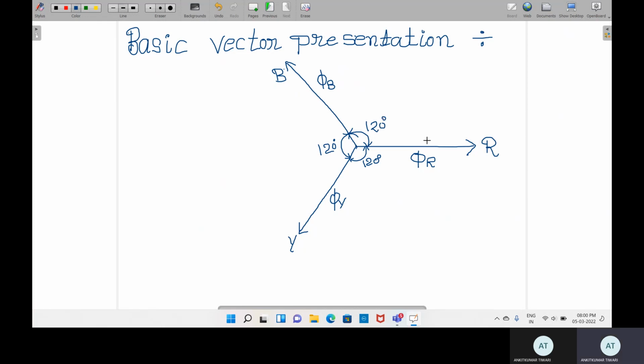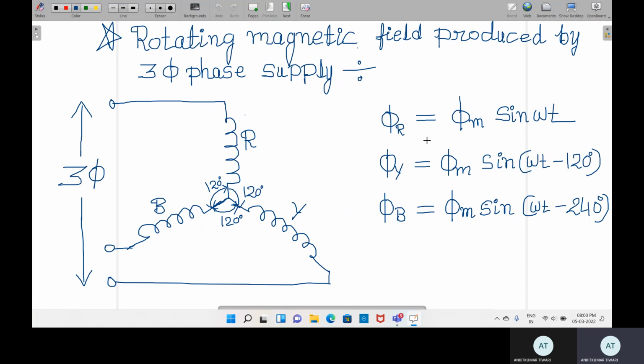So as we see, three coils will produce three fluxes, and all three fluxes are produced 120 degrees apart from each other. Means all the fluxes are displaced 120 degrees from the other fluxes, which has been observed from the vector representations, and also from the mathematical conditions, like phi R equals phi m sin omega t.